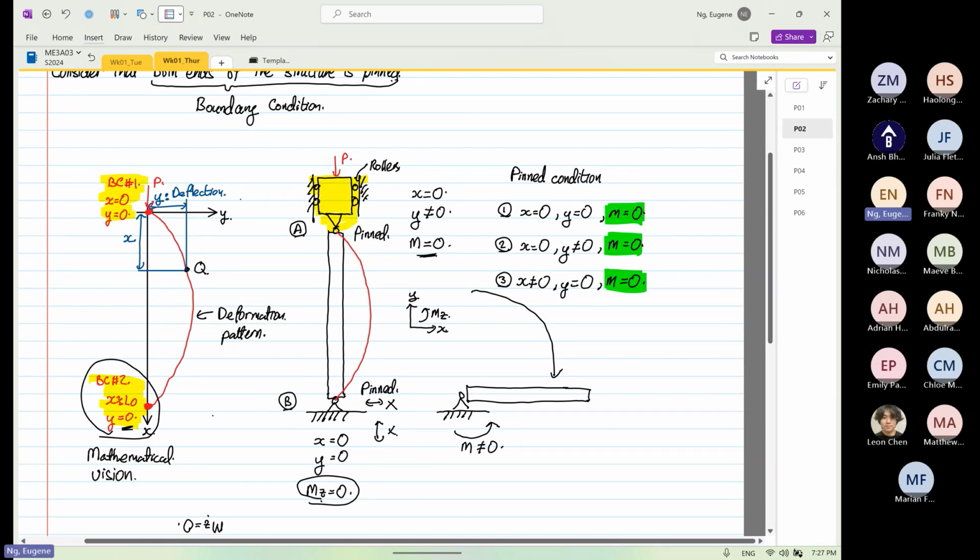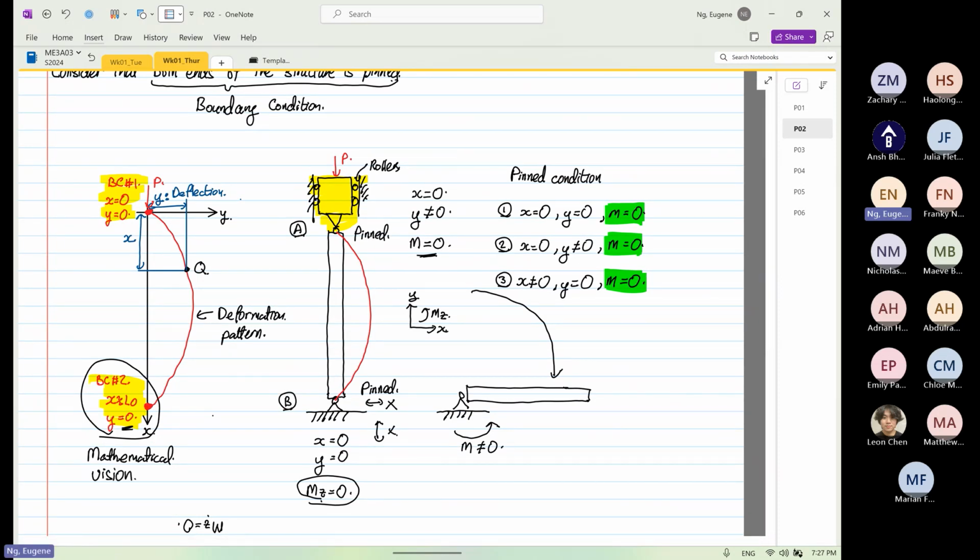So mathematically, you want the deformation to look like this. On the right hand side is the physical, real world. To get that sort of deformation, you need both ends to be pinned. So that's where you need to visualize. Mathematically we want the deformation like the figure on the left; physically, how to do it?